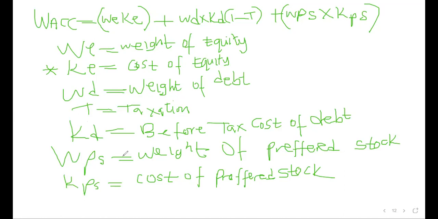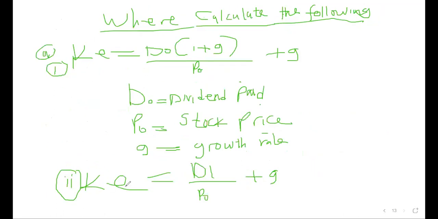So what will matter is the information given. The cost of debt they provide already, because cost of debt is determined by the market interest rate. In case they haven't given you the cost of equity, you can use the information. If it has to do with this one, you use it, or if it has to do with this one, you use it.